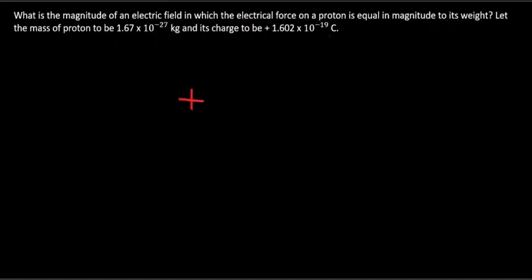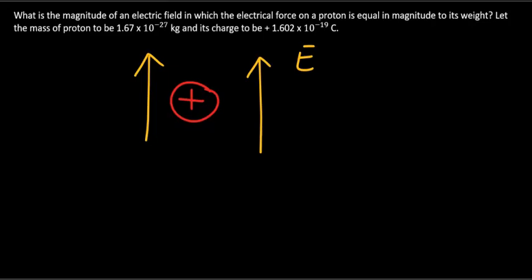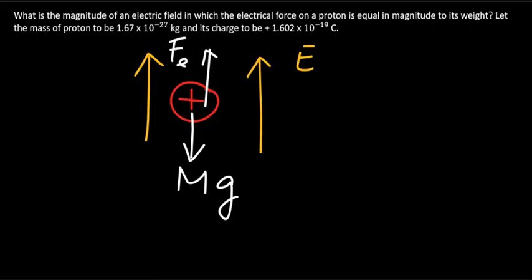So let's say the proton is sitting in an electric field heading upward. Of course, it has its own weight, and the weight is vertically downward. Let's call it m times gravity. The electric force, as we have just explained earlier, is going upward, like that.